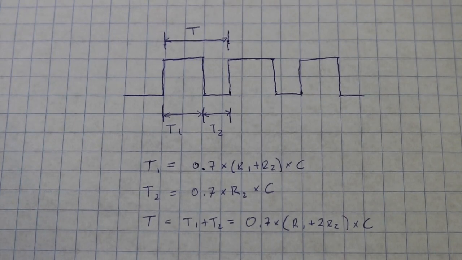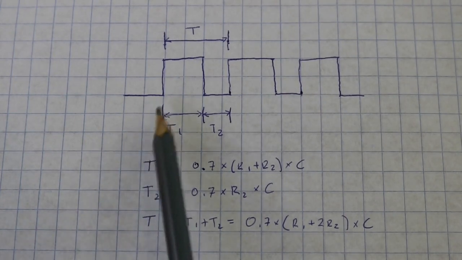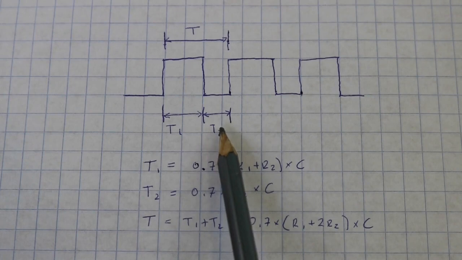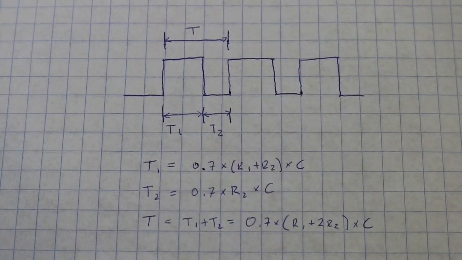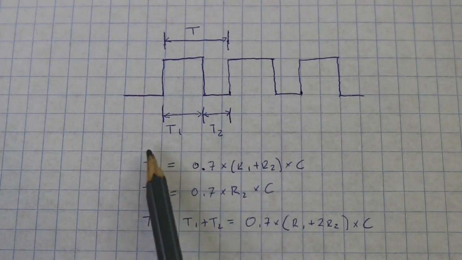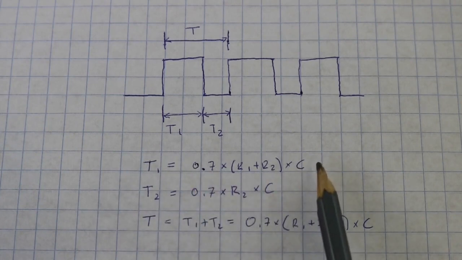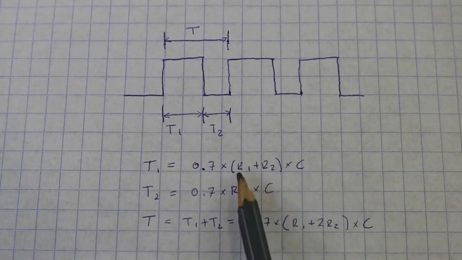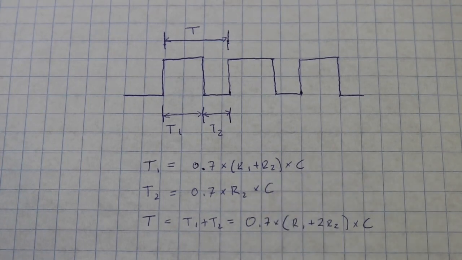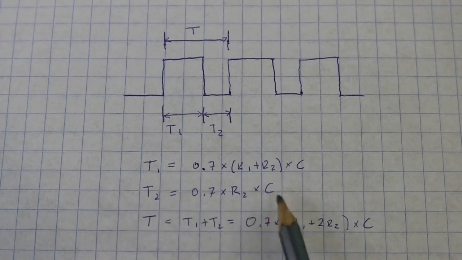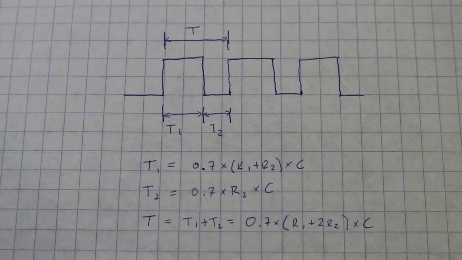The total period of the wave is of course the sum of T1 plus T2. And we can calculate the value of T1, which is given by this formula. It depends on resistor 1, resistor 2 and the capacitance, and T2 depends on R2 and the capacitance.